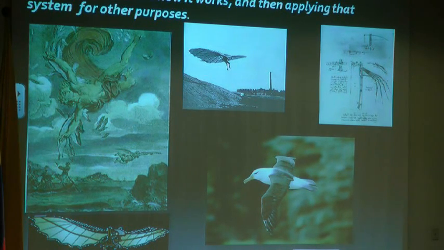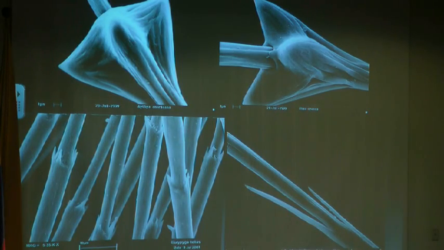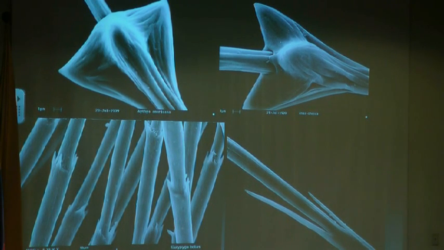So we're working with some engineers now to try to figure out if there's a way we can make a really good downy barbule that might be useful in sleeping bags or pillows or something like that. And if you think about it, there's all these different shapes and structures. So the real challenge now is to figure out what would be the most efficient fiber if we could make one. And that's kind of where we are with that project.